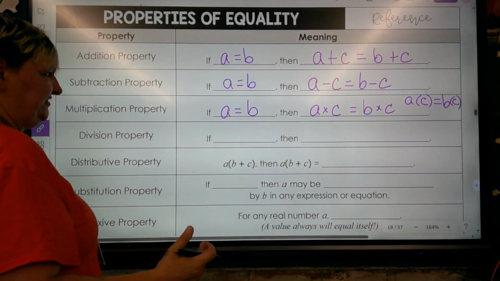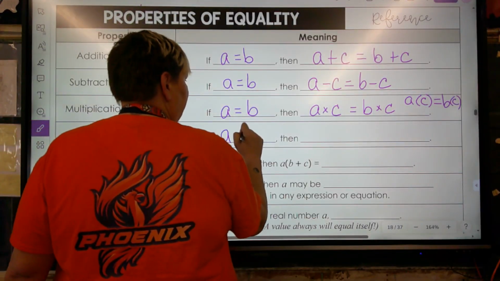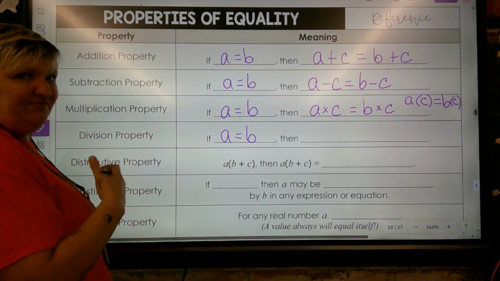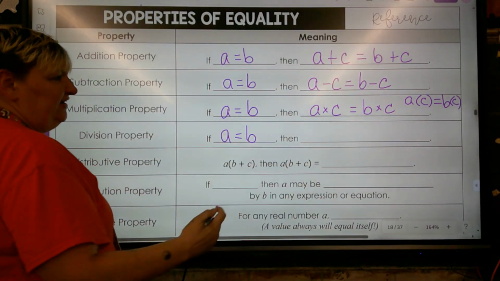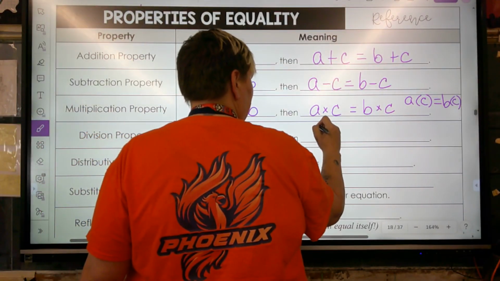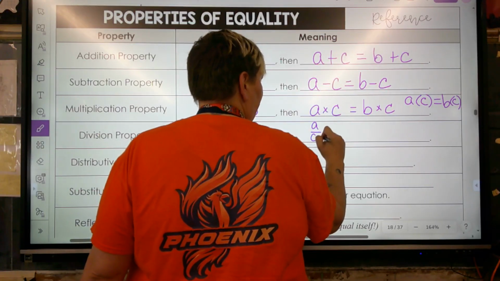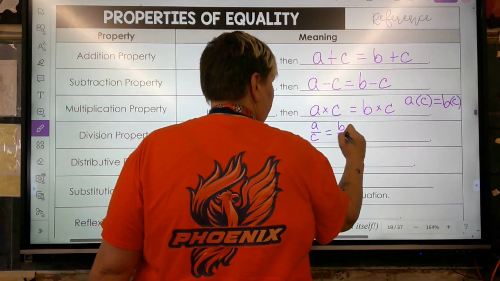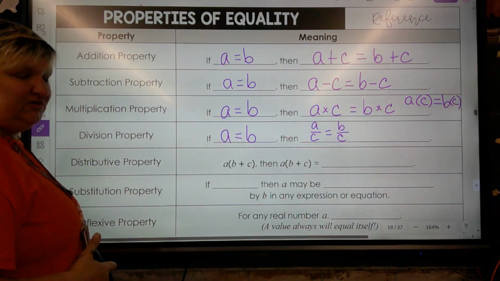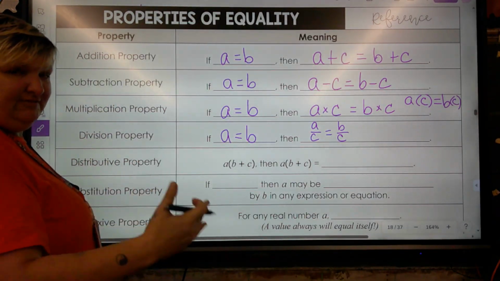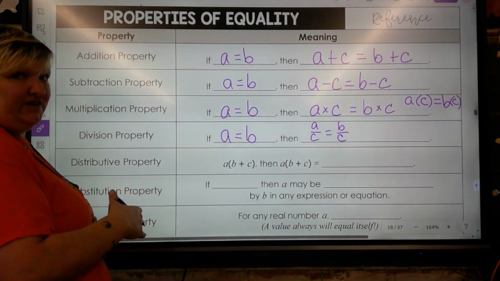Alright, division property, same thing. If you start with an equation, if the left side equals the right side, then you can divide both sides. A divided by C is equal to B divided by C. You can divide both sides by the same thing and it still changes nothing.